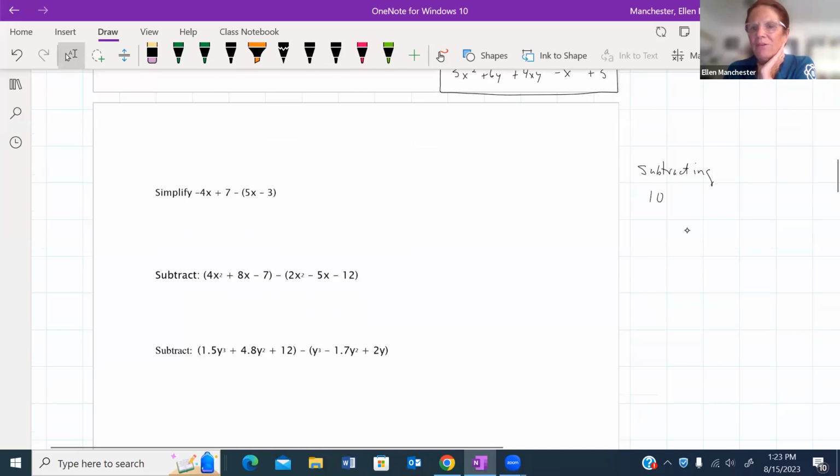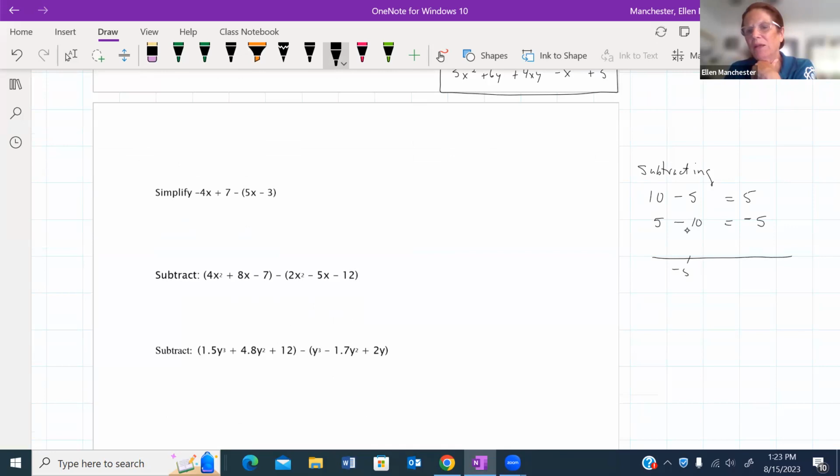If I had 10 minus 5, that equals 5. Pretty basic. But if I switch these and did 5 minus 10, I have a very different answer. On a number line, here's my negative 5, here's my positive 5. These are two completely different answers. So addition order doesn't matter, but subtraction order matters.